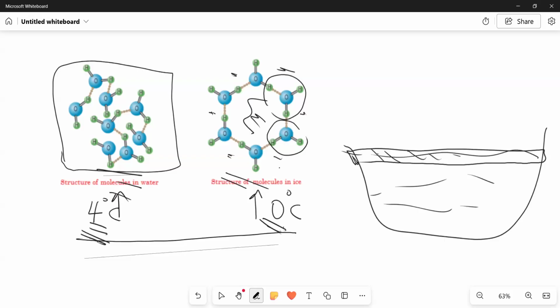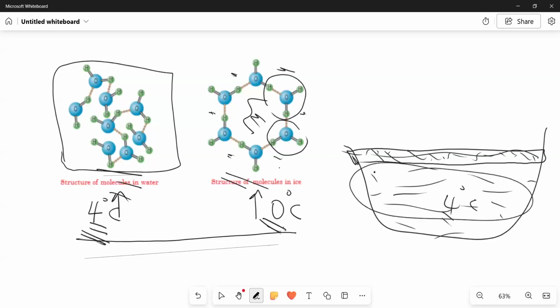It forms a barrier now, and it traps the warmth here. And the water under here, which is around 4 degrees, actually remains as a liquid, and fish can live under here.